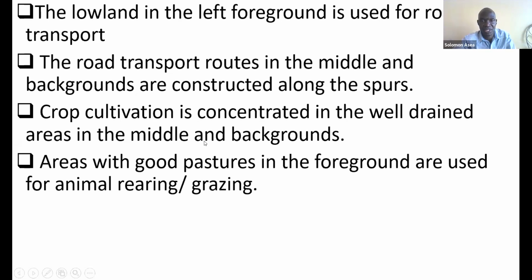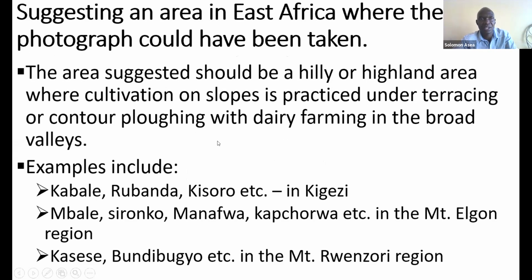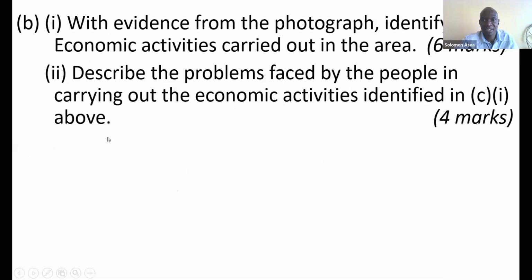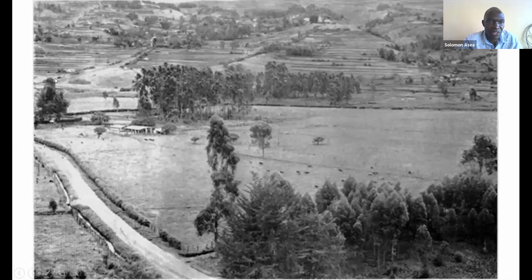Let me take you back to where the photograph is, and then we see it. In the background, you have seen there's this other road here, and then this road along here. See, this is a spur. This is a low of the hill. This is a spur, this is also a spur, and somewhere in between is quite a low area.